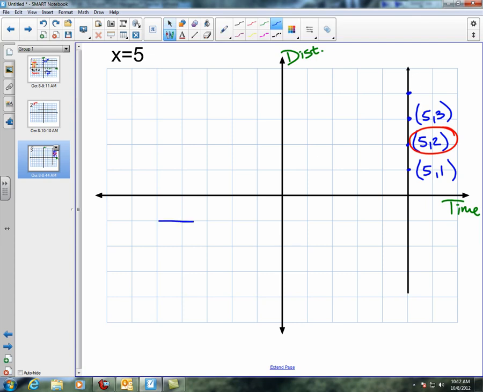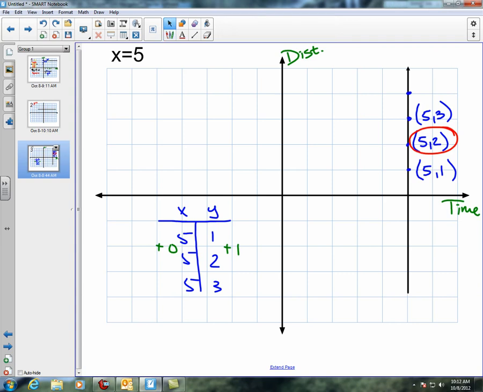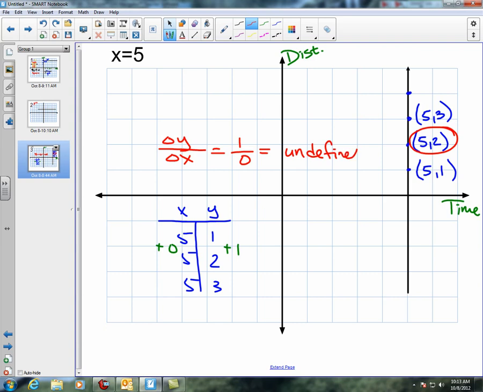If we look at that in a table and try to write our delta y, delta x, I've got 5, 1, 5, 2, 5, 3. My delta y is plus 1, delta x is plus 0. And that means that my delta y over delta x would be 1 over 0. And if you plug that into a calculator, it's going to tell you that that is undefined. So the slope is undefined.